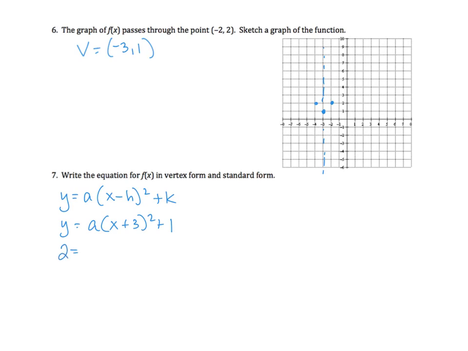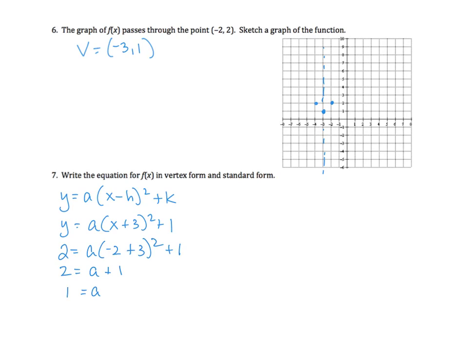So y is 2 when x is negative 2. So now we're going to solve for a. So solving that, I know that 2 has to equal 1 times a plus 1. Solving for a is 1.